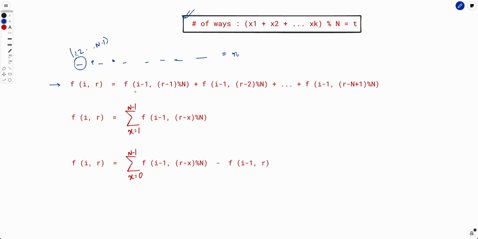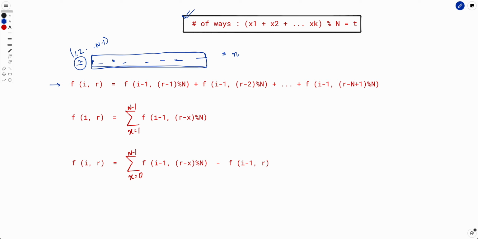Basically the number of ways in which I can get i minus 1 numbers such that if we sum them all up, the remainder is r minus 1 modulus n, right? Similarly, if I put 2 here, then I need the remaining i minus 1 numbers to have a remainder of r minus 2.